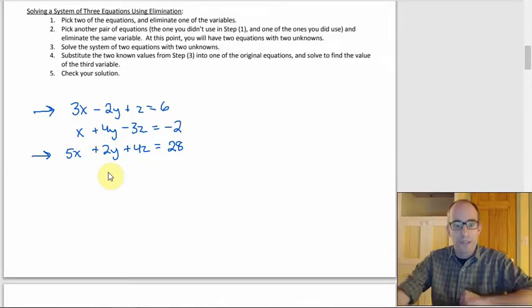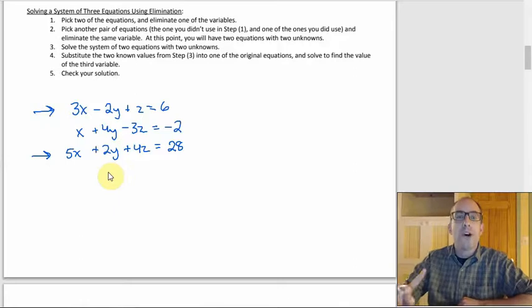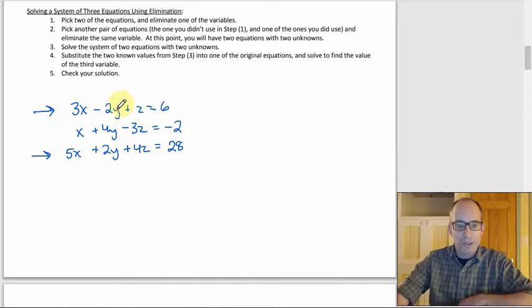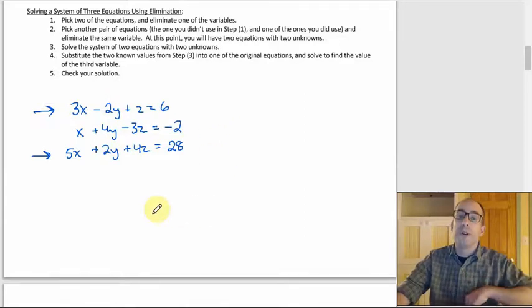You try to get additive inverses. What I look for is, are there any additive inverses already? So here, I would look over the whole thing and eventually go, all right, minus 2y plus 2y. If I add those together, I can get rid of y in that first pair without doing any work. That sounds good, right?